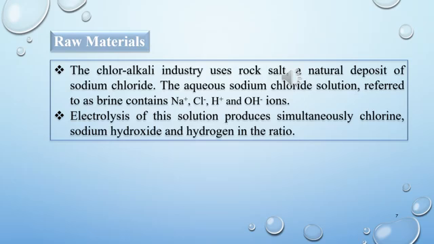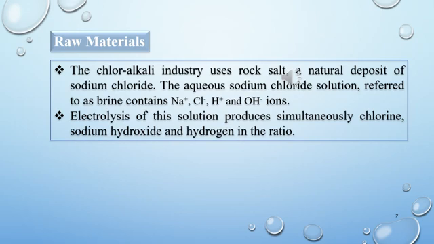In our raw material, the first point is: the chlor-alkali industry uses rock salt as a natural deposit of sodium chloride. The aqueous sodium chloride solution, referred to as brine, contains sodium ion, chloride ion, hydrogen ion and hydroxyl ion.